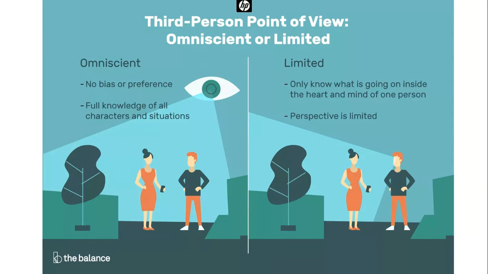Limited third person point of view is only what's going on inside the heart and mind of one person. So the perspective is limited. It's like looking at a whole story through a plastic straw. You only get that little piece of it, whereas if you had the omniscient point of view, you get the whole story. Those are the 2 different third person points of view that we're going to be looking at, reading, and analyzing this year.